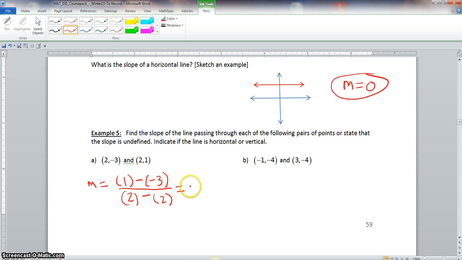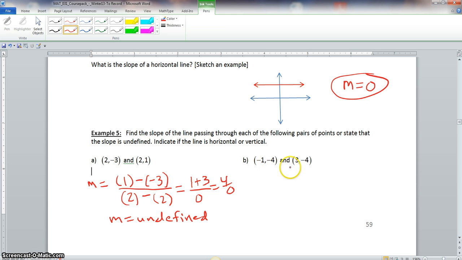So this is 1 minus a negative 3, which is 1 plus 3, over 2 minus 2, which is 0. 1 plus 3 is 4, and our denominator is 0. So our slope is undefined.